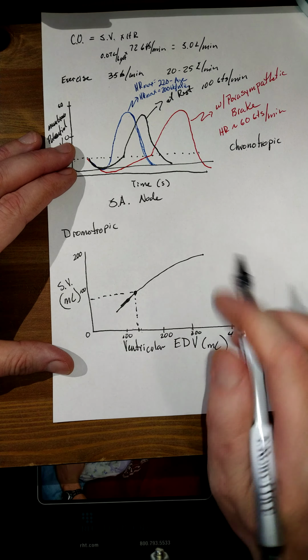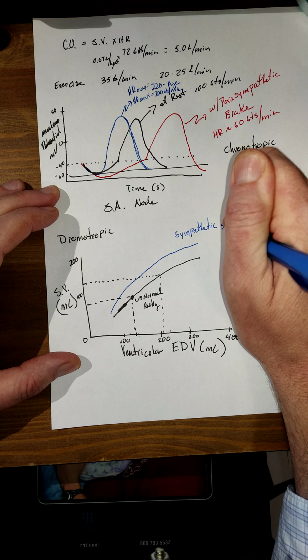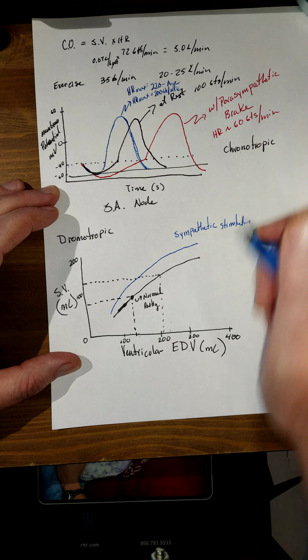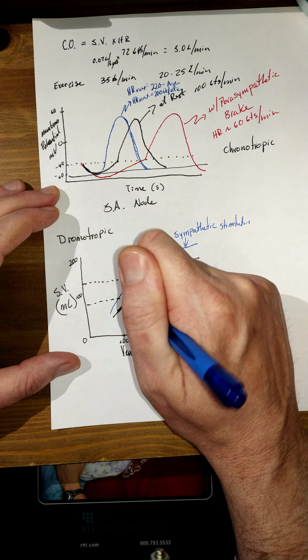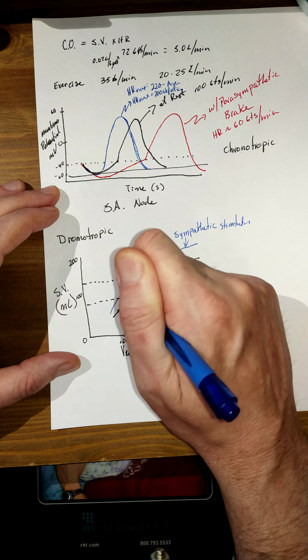So when we look at contractility, we need to take into account the sympathetic nervous system once again. So when we add sympathetic stimulation, we're going to have a curve that looks something like this. So our normal resting value is right here. When we add sympathetic stimulation, our new resting value is right here, showing us that our stroke volume has increased.